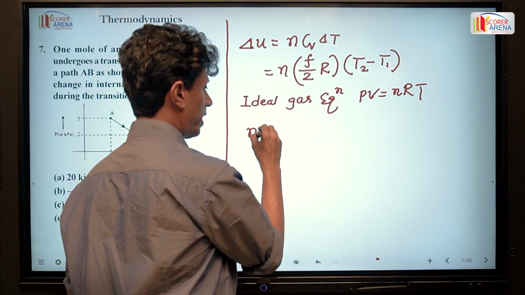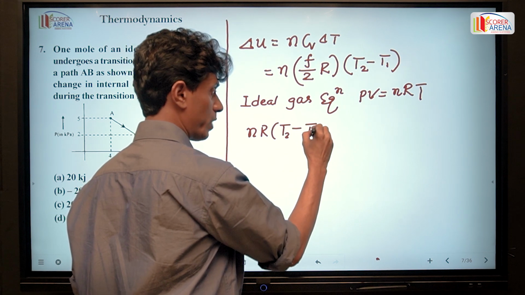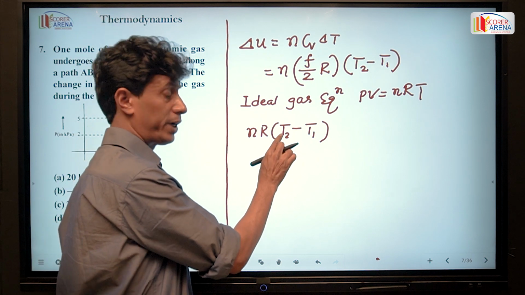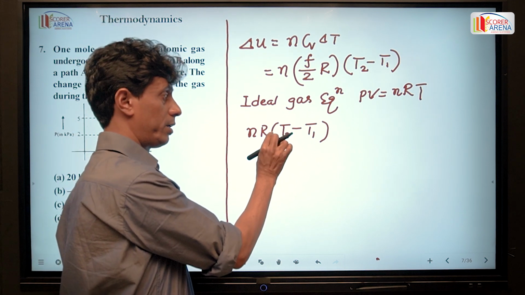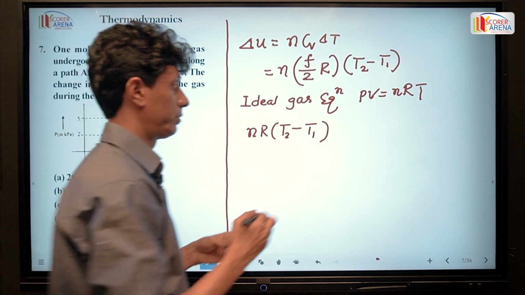So n R (T2 minus T1), that is temperature of the gas final and temperature of the gas initial.